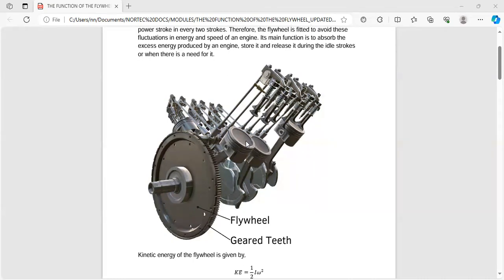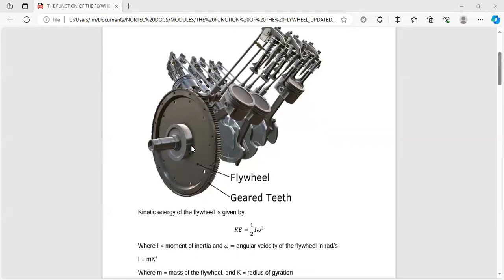There will be some points where after the power stroke, there will be other strokes which may be expected to remain idle. So those are the strokes that could be taken care of by the flywheel, which will absorb that kinetic energy and distribute it. So the main function is just for it to absorb the excess energy, then release it when there's a drop in the energy.